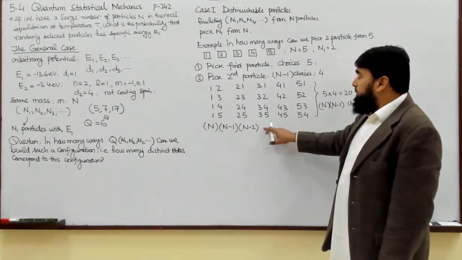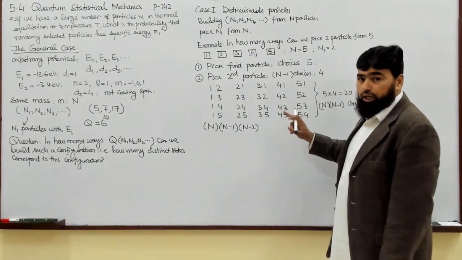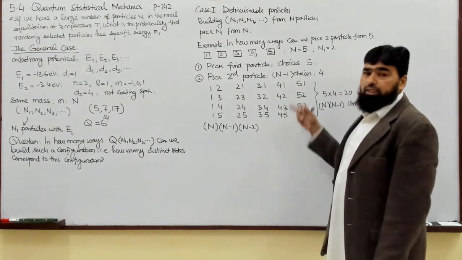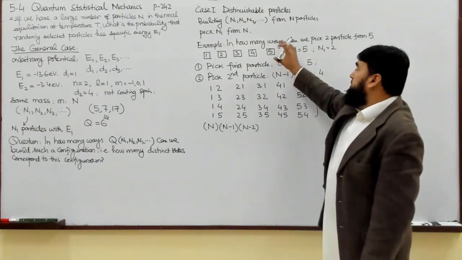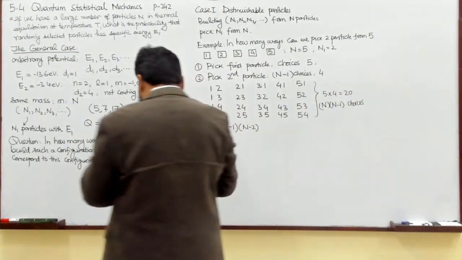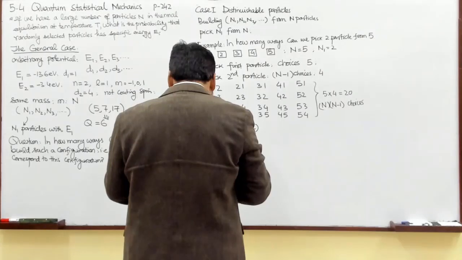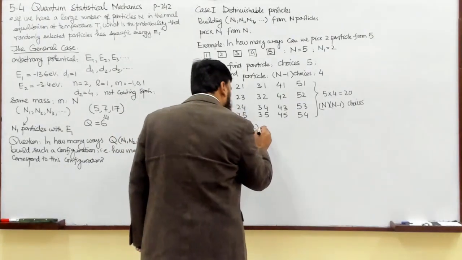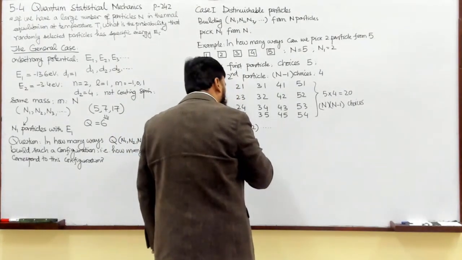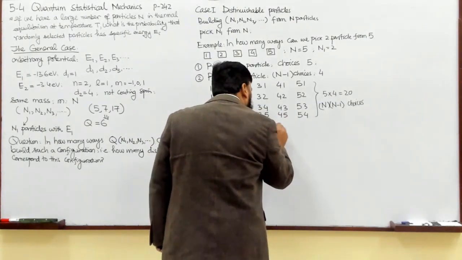If I pick 4 particles, choices will be n minus 3, so 2 choices, and if I pick 5 particles, I have 1 choice. I pick all the particles.